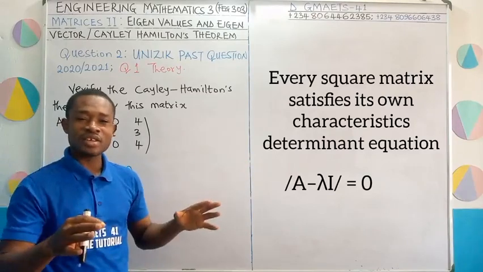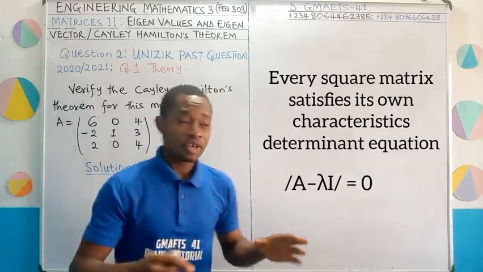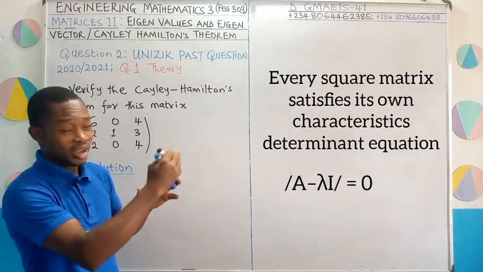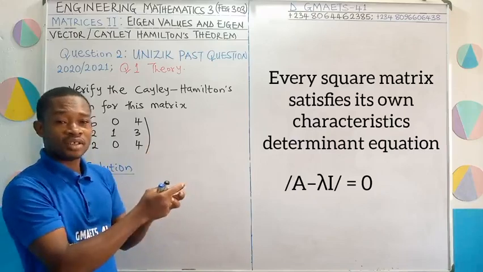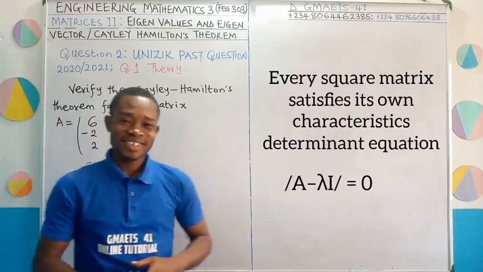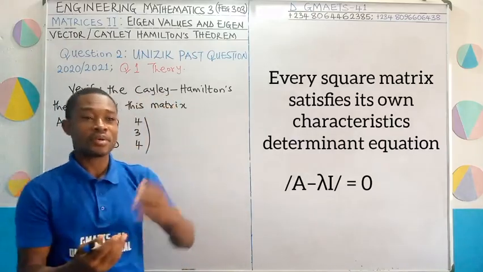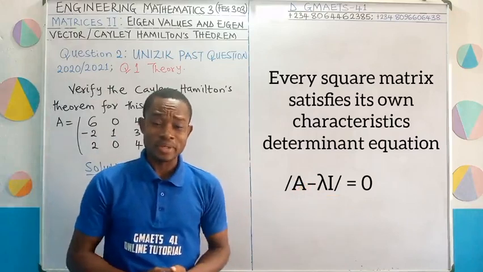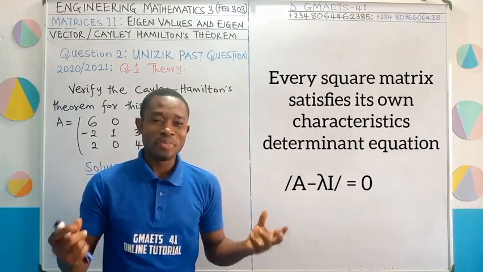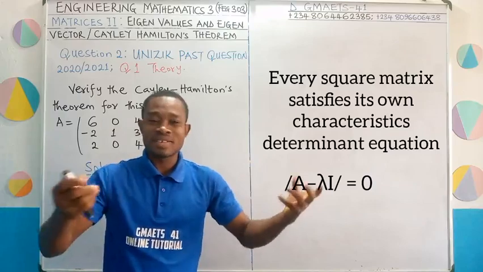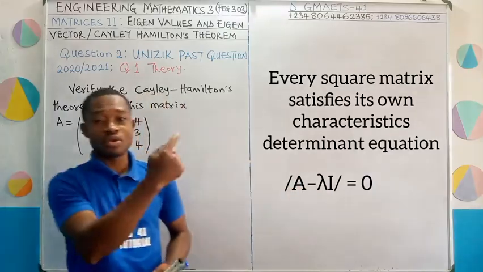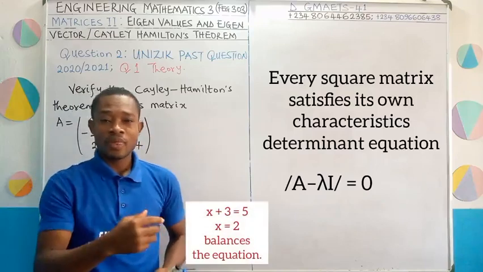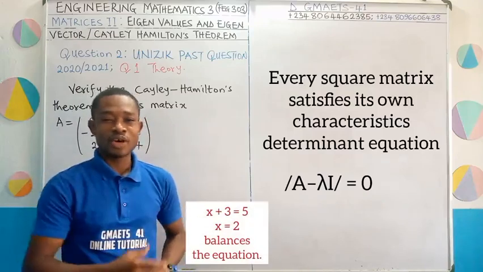Now that it satisfies the equation simply tells us that if you carry out this simplification, the determinant of A minus lambda I, when you simplify it, the equation is going to balance. That's to say, the left side will give you 0 as well as the right side being equal to 0. You know what we mean by balancing an equation. Like in a linear equation, if somebody gives you x plus 3 equal to 5, you know x there will be equal to 2.